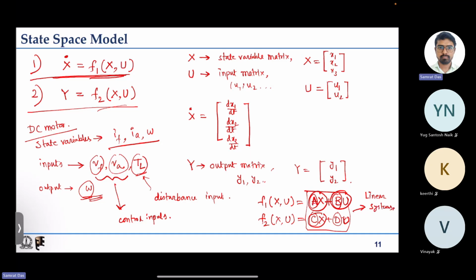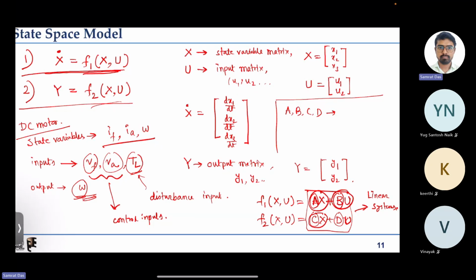Additionally, if all elements within these matrices are constant, then such systems are called linear time invariant.